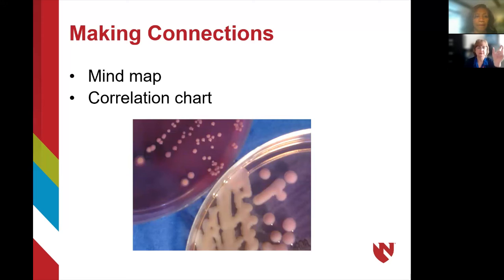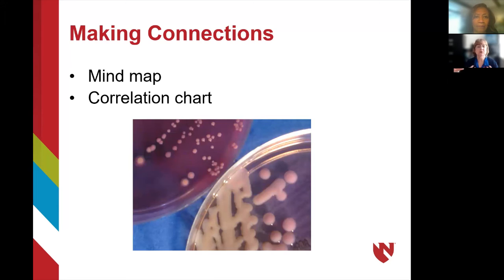So what symptoms did the patient have? Maybe they had a sore throat. So what would be your differential diagnosis, viral versus bacterial? And then how would you use the laboratory to help you diagnose that and make that differential diagnosis? And so they would put the information together in a correlational chart so that they could see how everything fit together and they could organize it in their heads a little bit more.